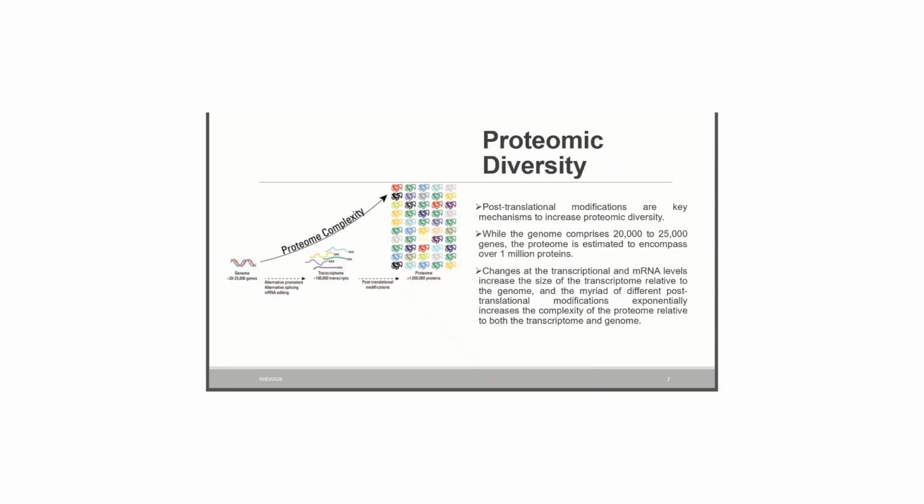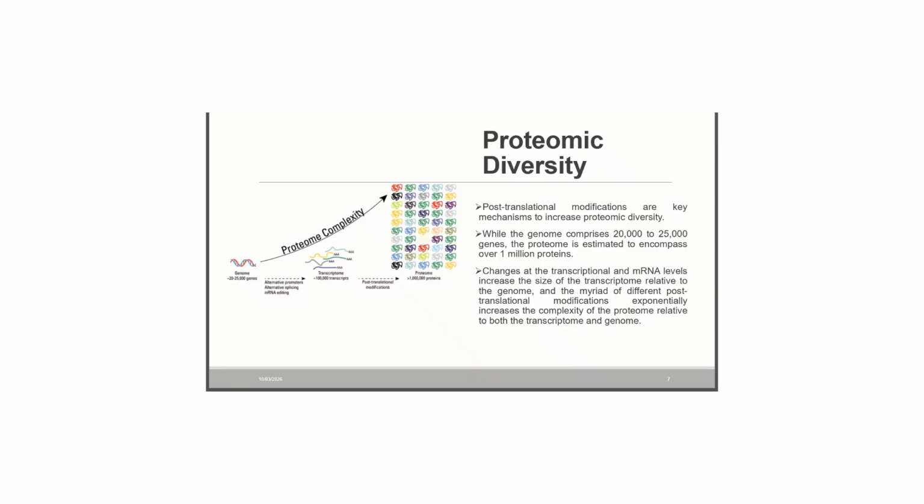As I mentioned, once a protein is translated, it can undergo different types of post-translation modification. And due to this, there is a diversity in the type of proteins, in their conformation and folding, and in their function, although their primary structure could be similar.